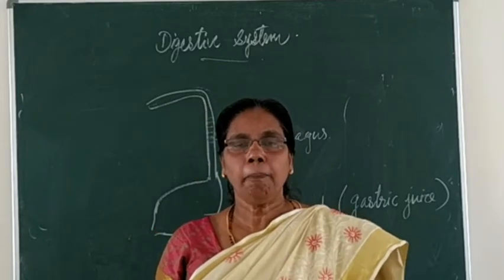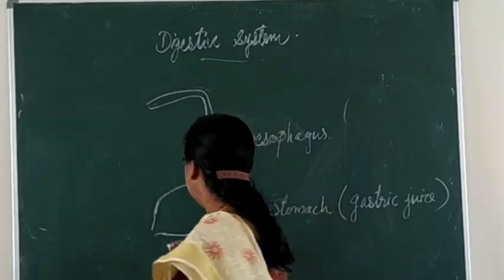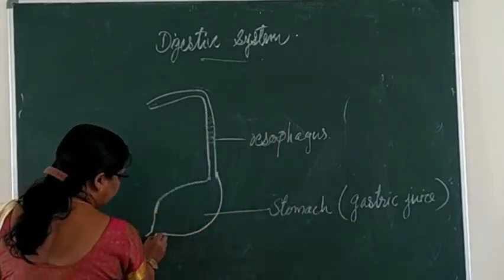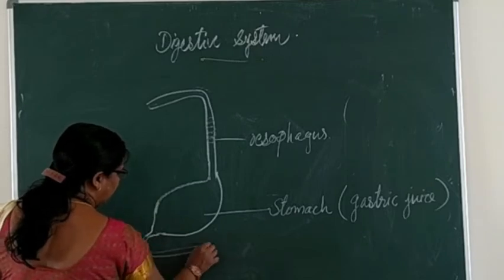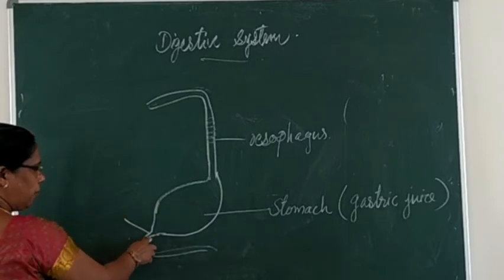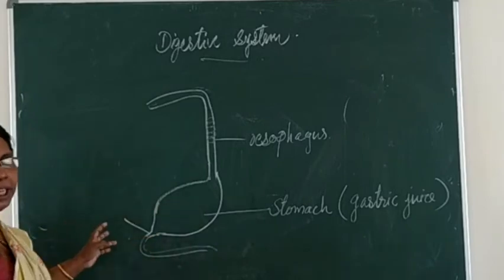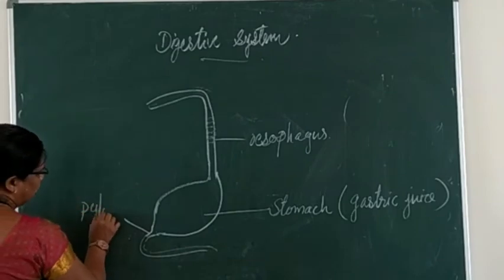Okay. And the opening of the stomach into the intestine is in this region. From here you can see that the small intestine will start. So this opening, that is from the stomach to the intestine, that region is called as pylorus.